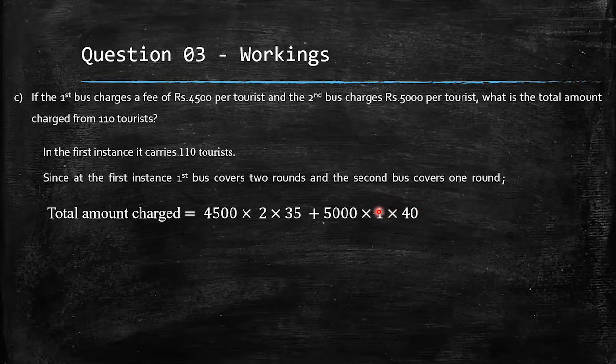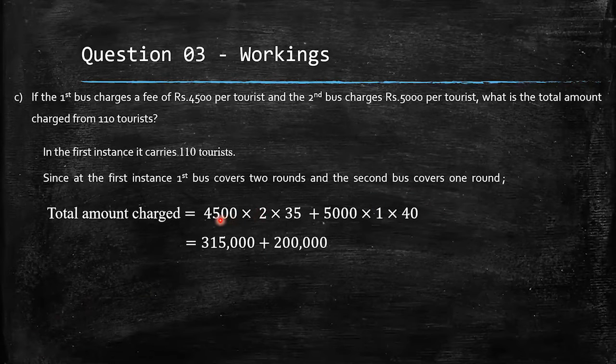So the total number of tourists that can be carried using the second bus is 40. So 40 passengers and 5,000 per passenger means if you multiply those two together, you will get the total amount charged from the tourists that travel in your second bus. So if you add these two together, you will get the total amount charged from tourists in your first instance.